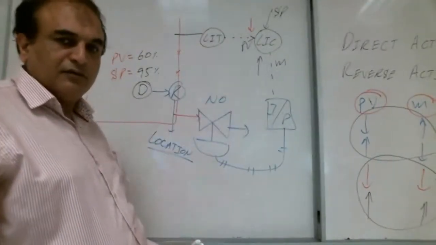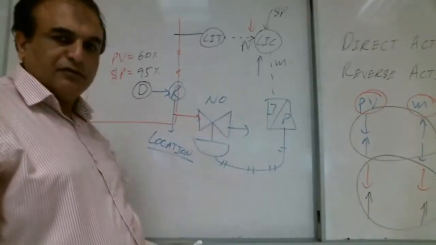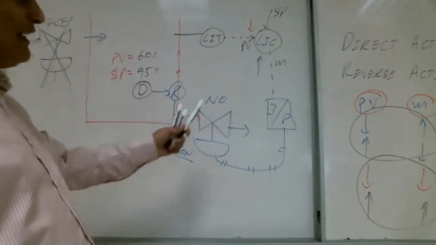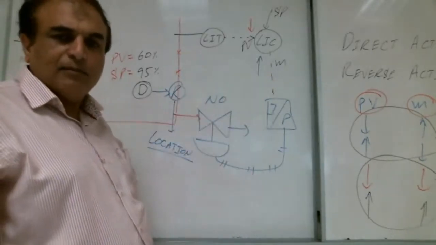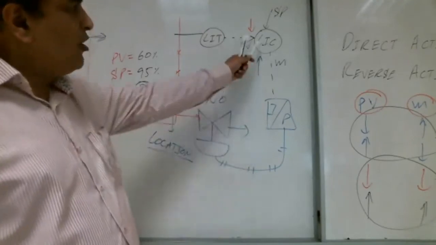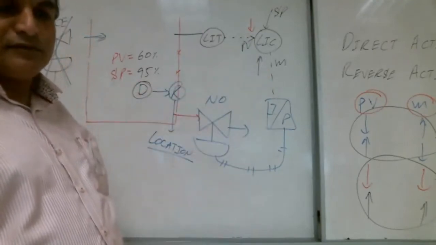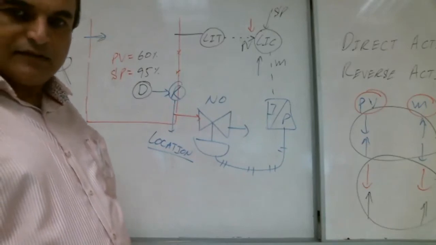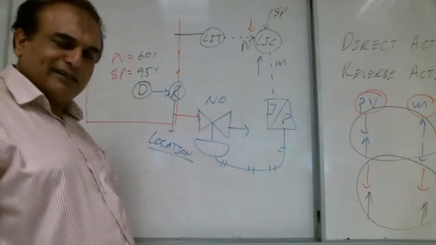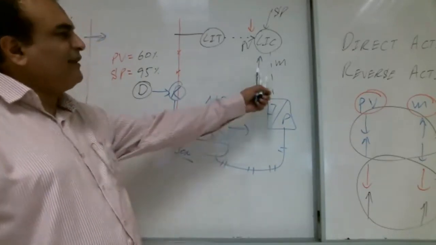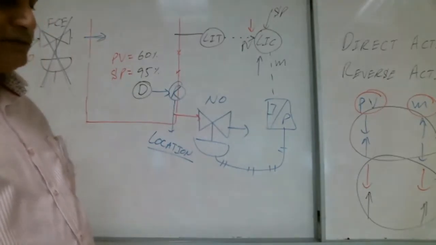Output of the controller. M is from manipulated. Manipulated variable, output of the controller. Very good. Brother Awad is writing manipulated variable, M. Shabab with me? Yes, teacher.